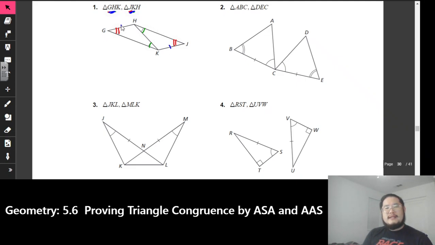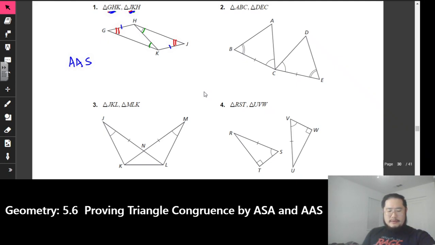And guess what? They are congruent. So one of our congruence theorems is angle, angle, side. Angle, angle, non-included side. Angle, angle, non-included side right there. And we can go ahead and say that triangle GHK is congruent to triangle JKH.